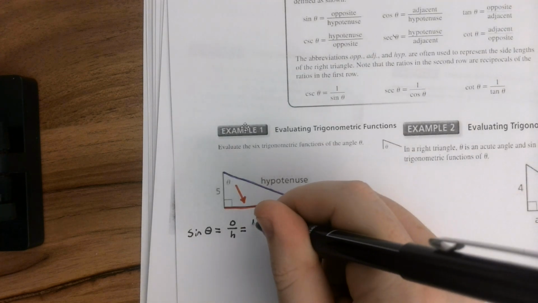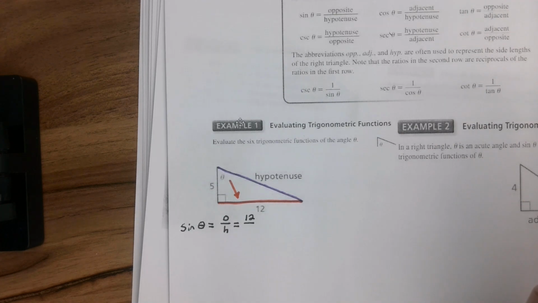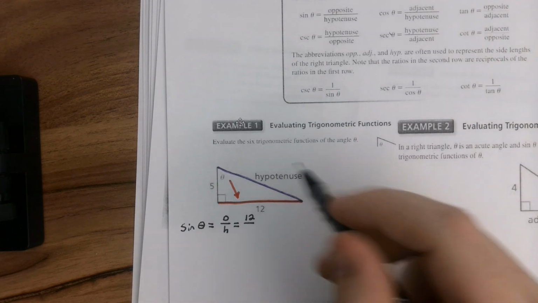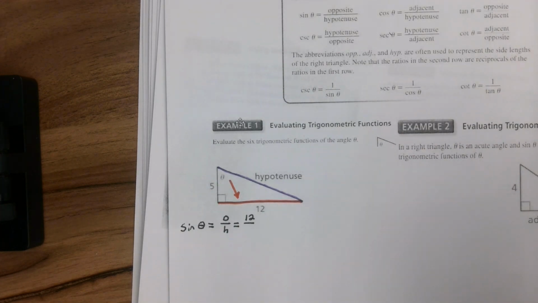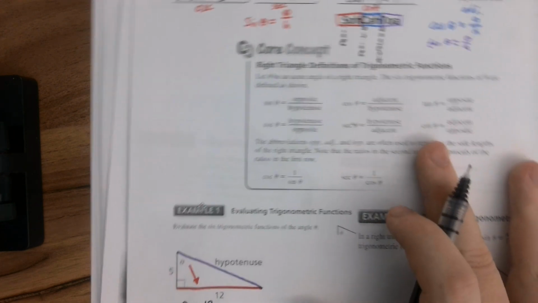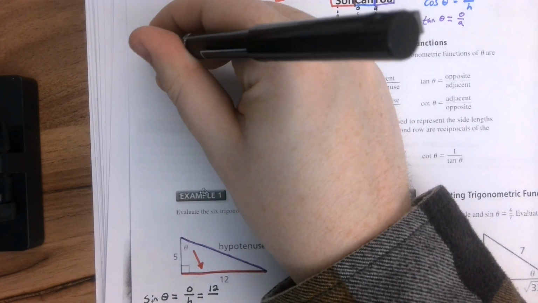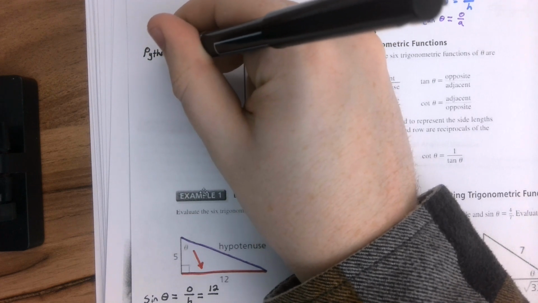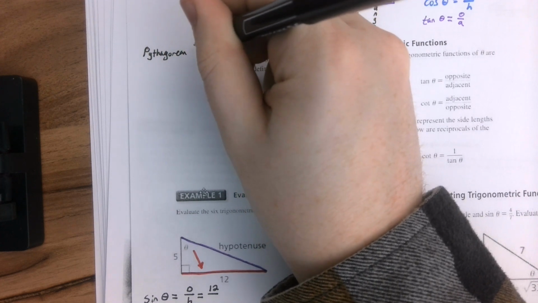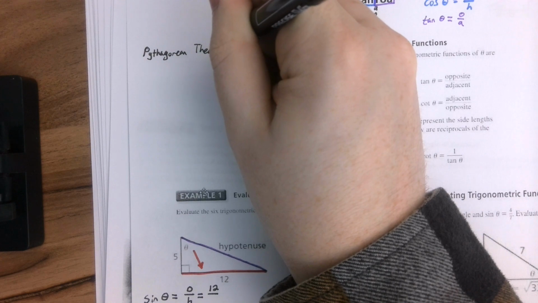That's just 12 over, we don't know the hypotenuse. Here's the last trick that I want to remind you of. Anytime you know 2 sides of a triangle, you can use the Pythagorean theorem to find the third.